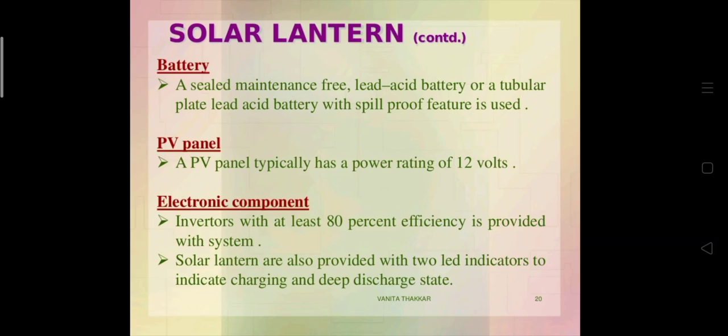The photovoltaic panel typically has a power rating of 12 volts, and electronic component inverters with at least 80% efficiency are provided with the system. The solar lantern is also provided with two LED indicators to indicate charging and deep discharge state.